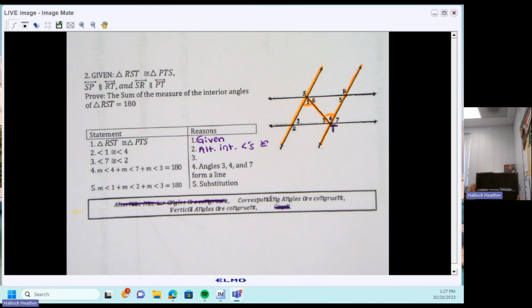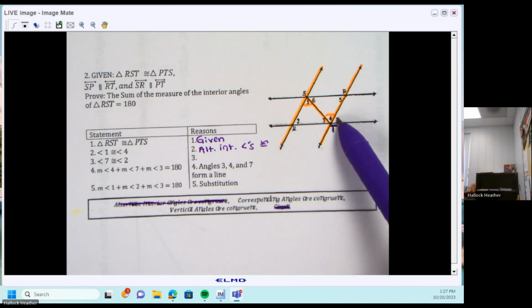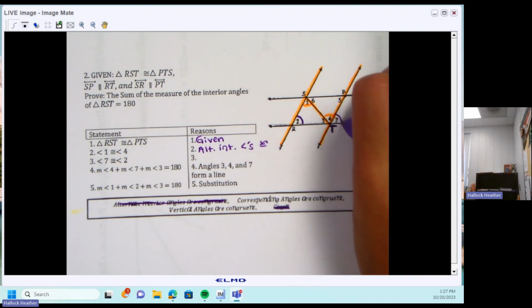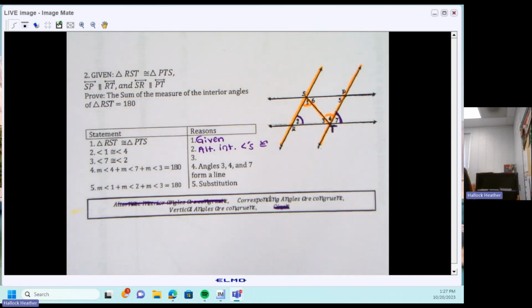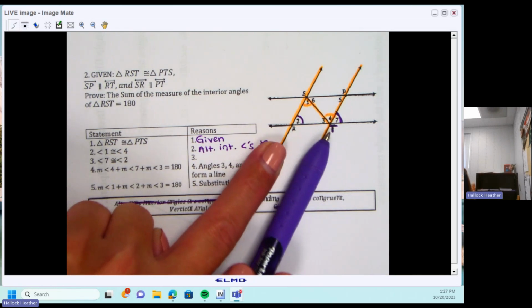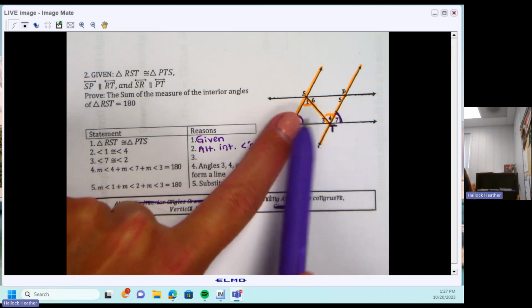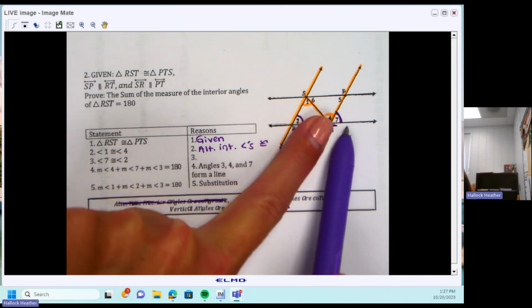Then it says 7 is congruent to 2. So if I look at 7 and I look at 2, they are corresponding. 7 is here, 2 is here. Disregard the other information. I'm still looking at these two sets of parallel lines. My transversal is now technically this line. Their corresponding angles are at the same location, different intersection of the line.